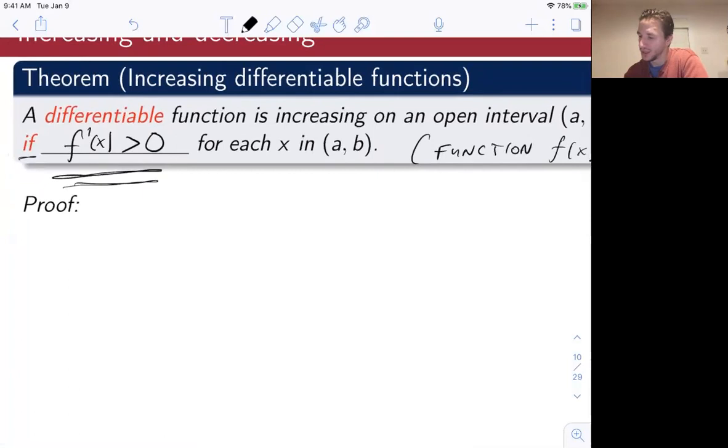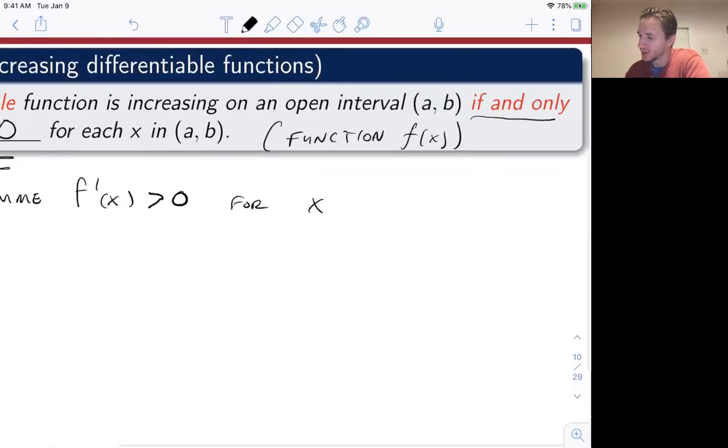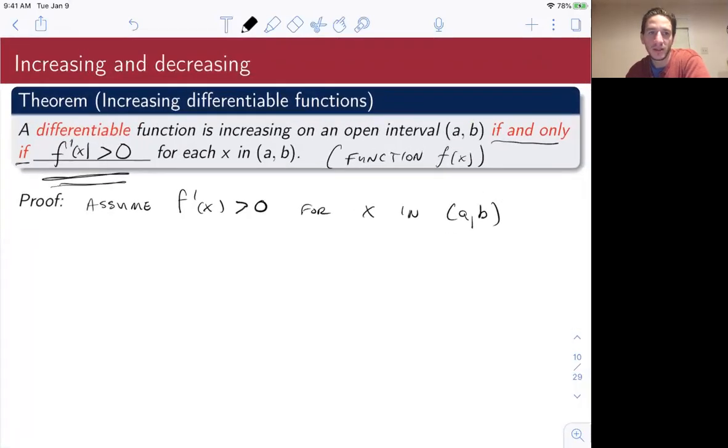So, a proof of this fact. First I'm going to assume f prime of x is greater than 0 for x in the interval a to b. So I'm starting with f prime of x greater than 0.